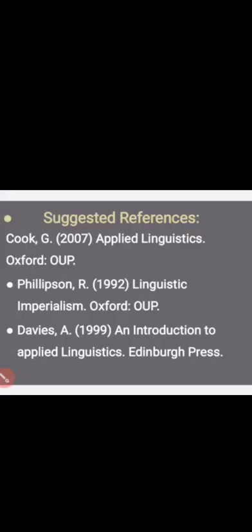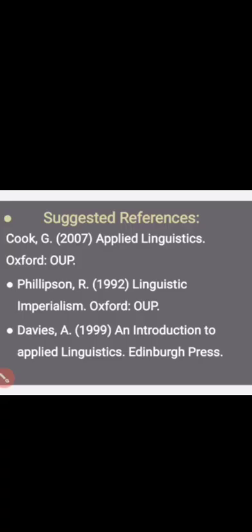Here we are going to have some suggested references. We have Cook G. 2007, Applied Linguistics, Oxford University Press. Phillipson R. 1992, Linguistic Imperialism, published at Oxford University Press.